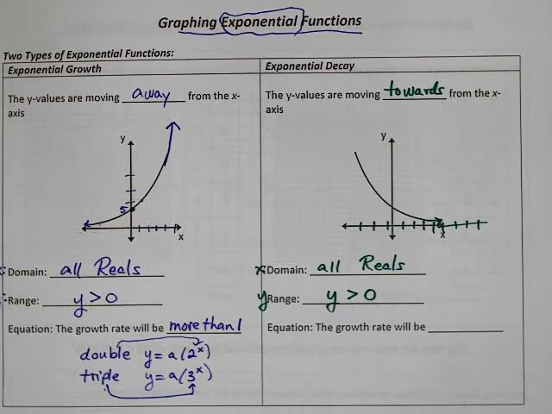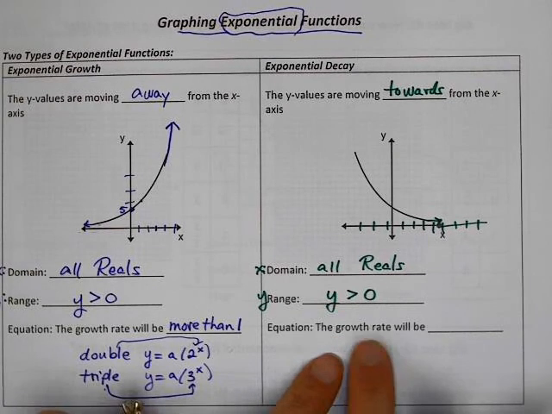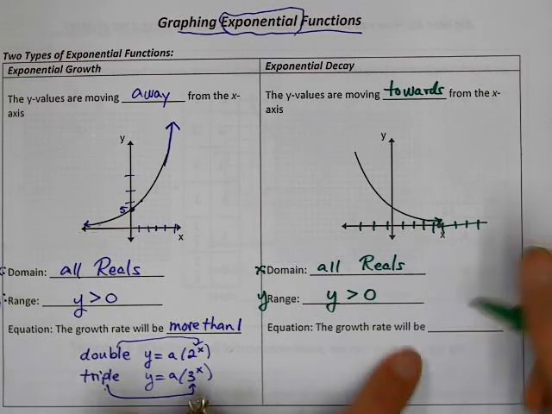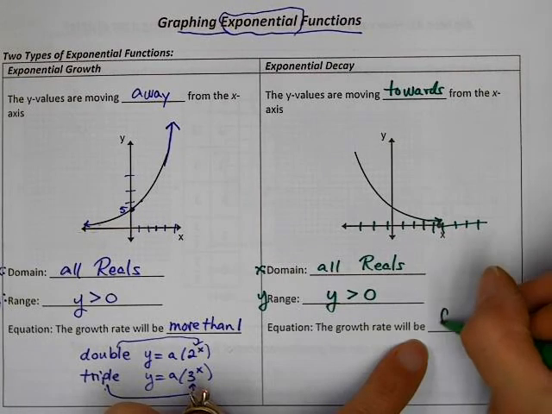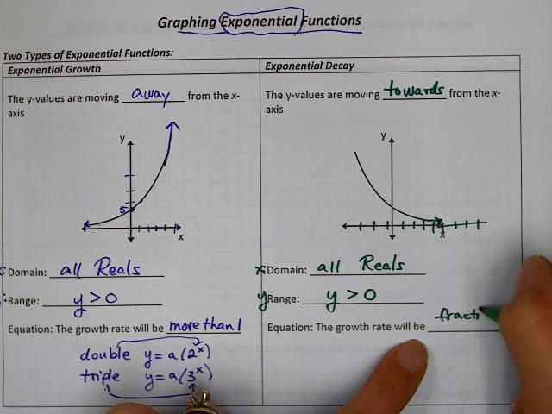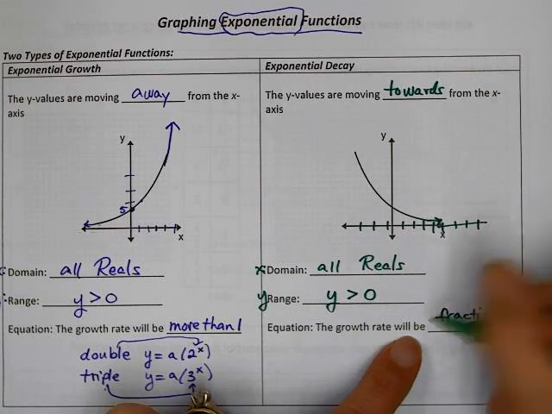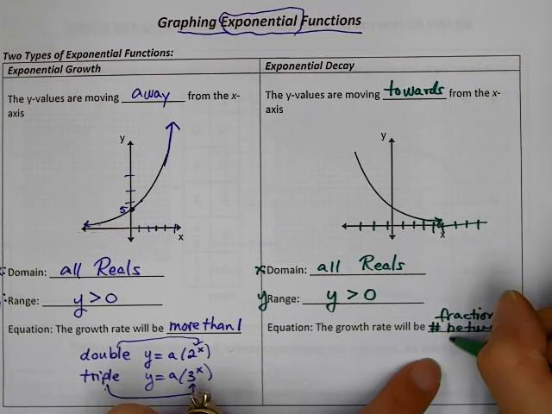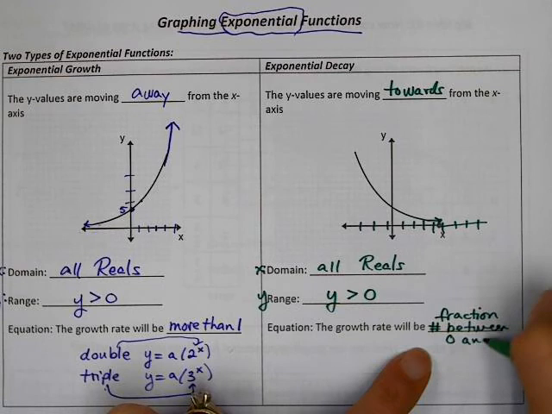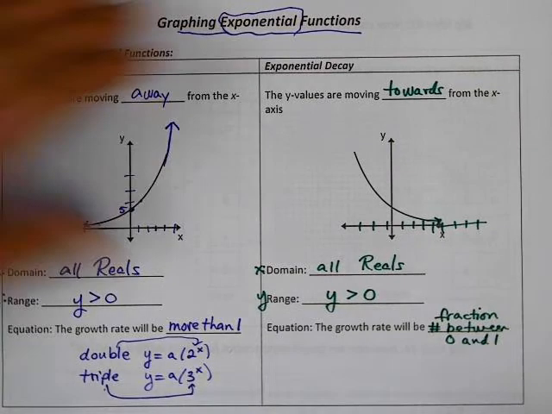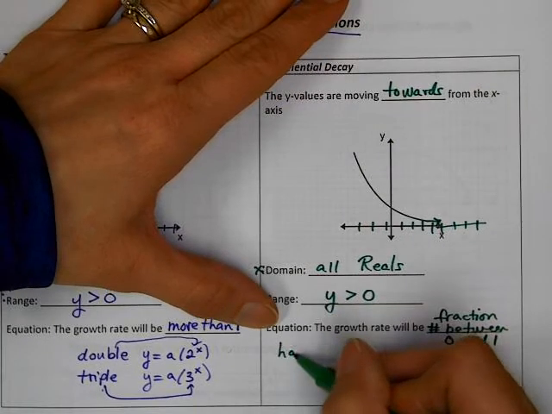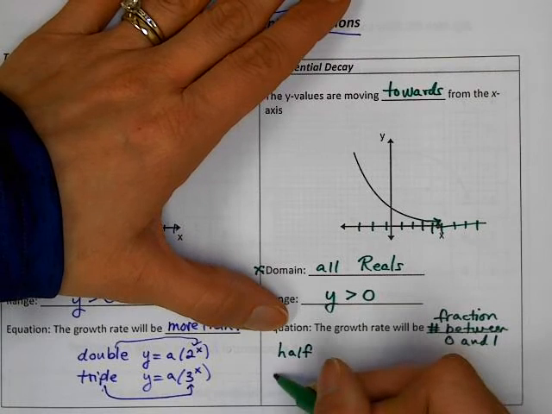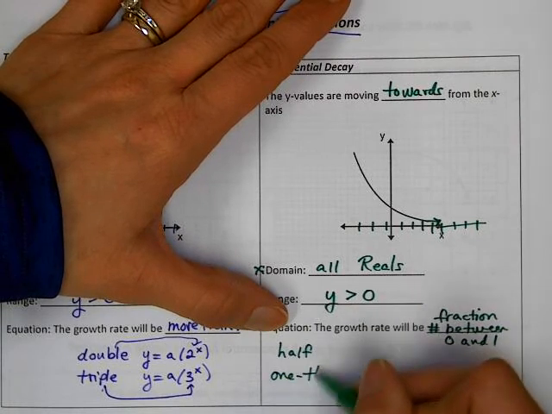The equation here, the growth rate, will be a fraction. So it's a number between 0 and 1. For example, maybe half, or maybe 1/3.